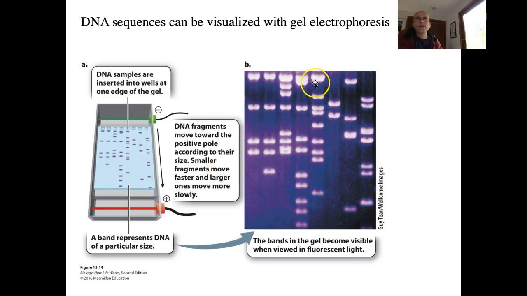Well, not really amplified. You see it in a real photograph. So you see a photograph of this gel after it was separated. And you can see that each of the pieces is visible because there's a fluorescent light that is shined on top of them. The DNA is not visible by itself.